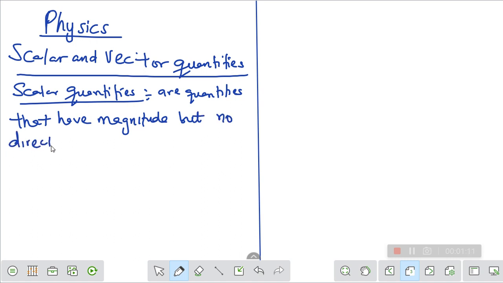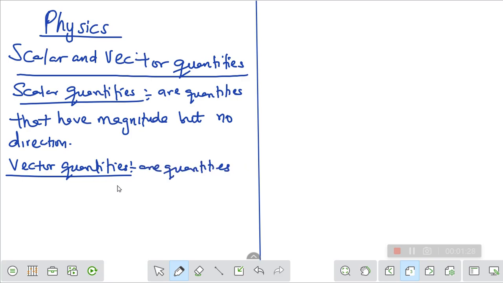But when we have vector quantities, they are quantities that have both magnitude and direction.